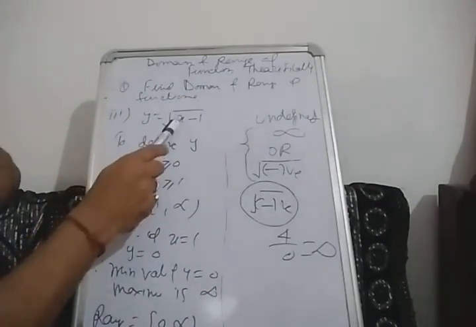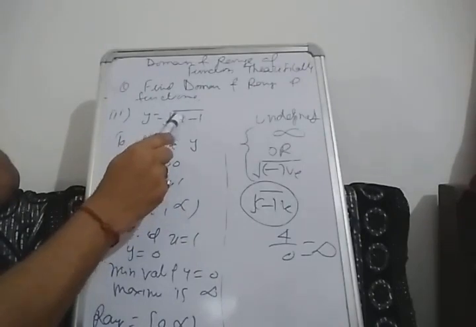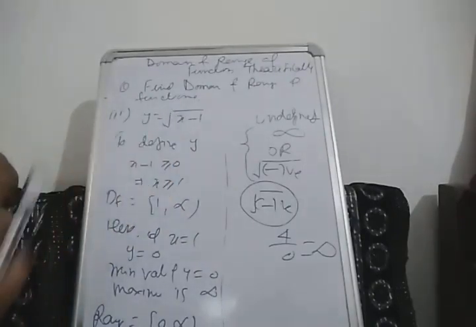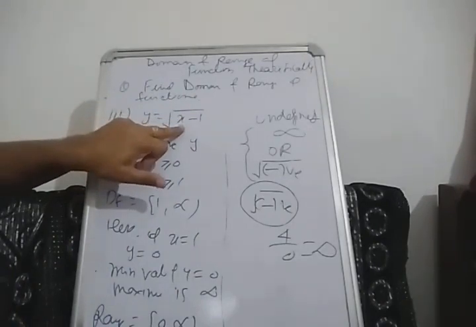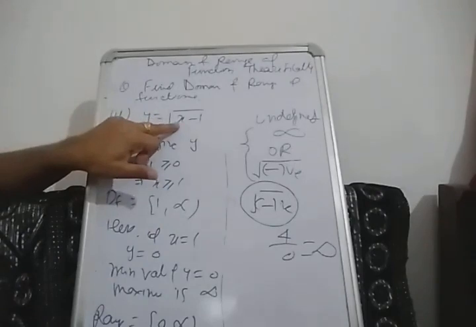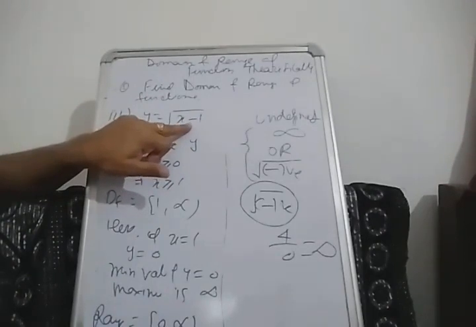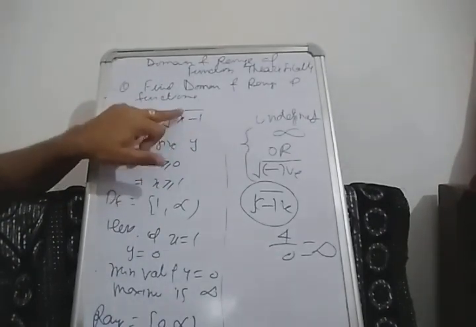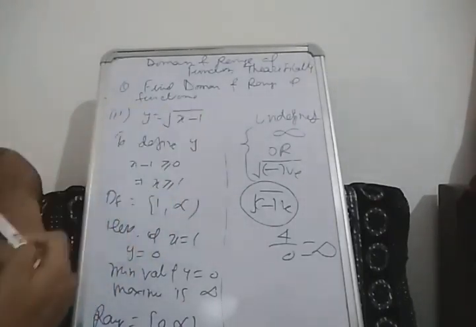If you put x as 1, it will be the square root of 0, that means 0. But if you put x as 0, y will be the square root of a negative. So I cannot put x as 0, and I cannot put x as minus 1, because that gives the square root of minus 2. It means I cannot put any x less than 1. If you put 1 by 2, again 1 by 2 minus 1 is minus 1 by 2, again the square root of a negative.